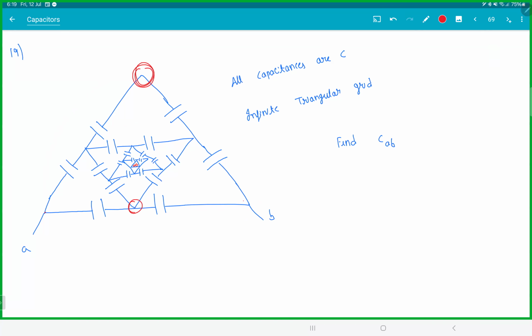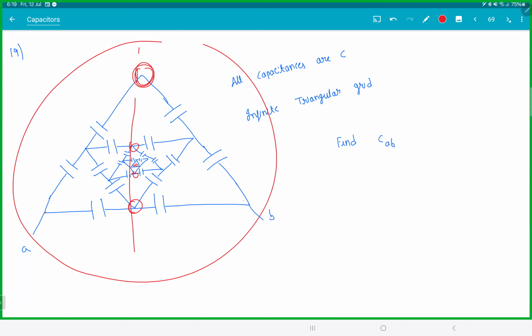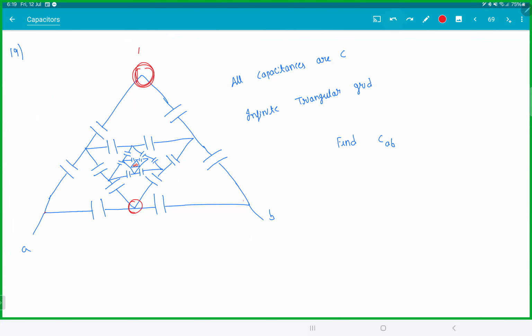You should say by bisector symmetry, all nodes can be removed on this and you can remove all these nodes. Now you can say if the whole thing is X, this inside thing is also X. And then you know what to do. Let me show you that.